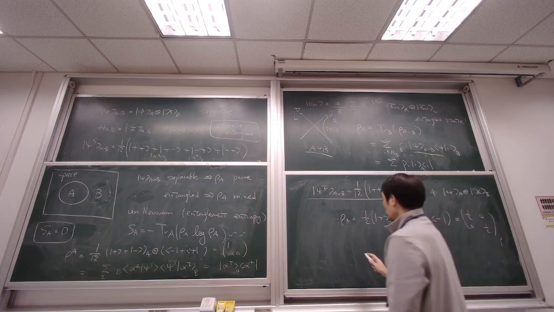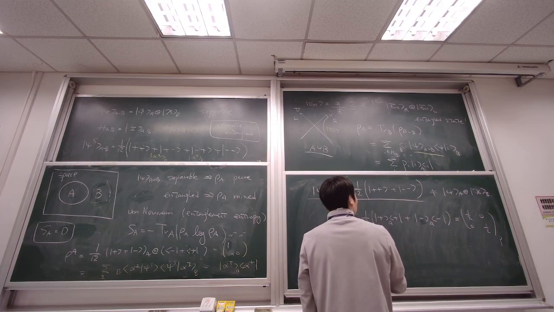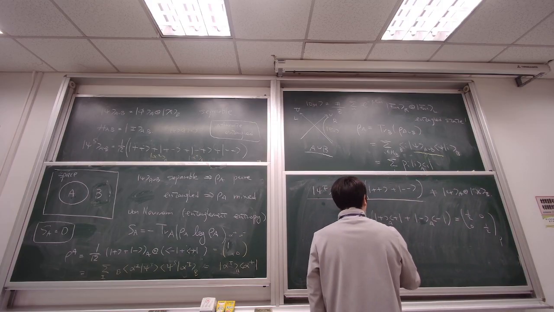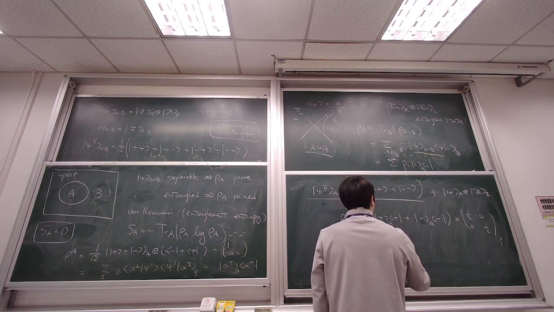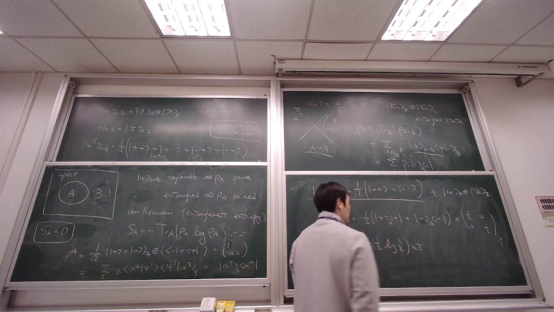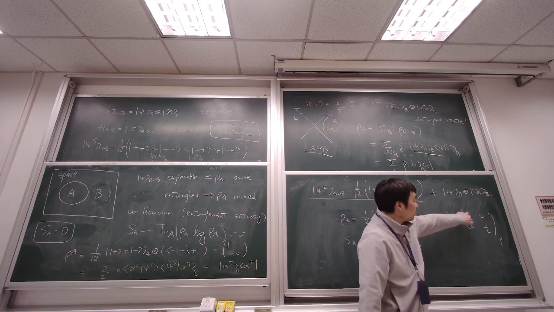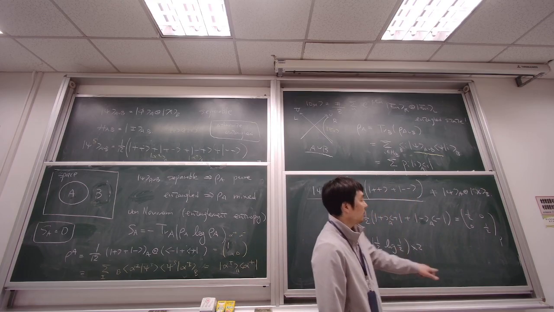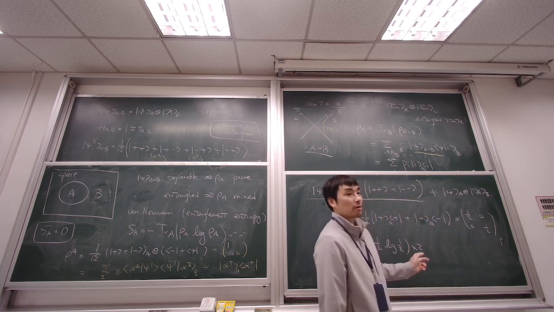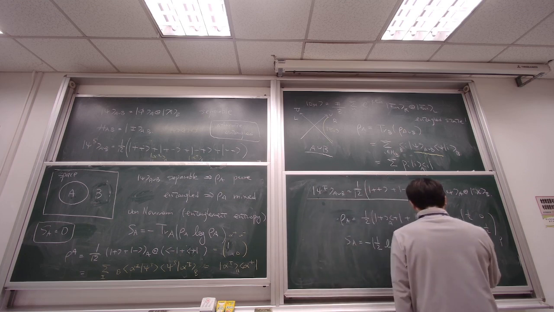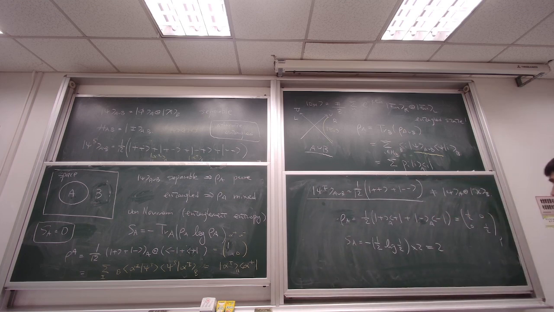And the entanglement entropy is something like minus 1/2 log 1/2 times 2. Okay? So 1/2 log 1/2 and 1/2 log 1/2 from both sides, and this will give you 2. Is it correct? 2 log 2?